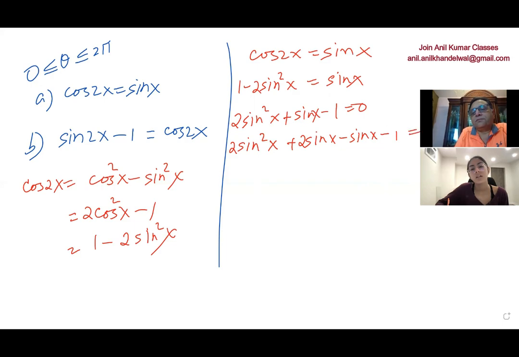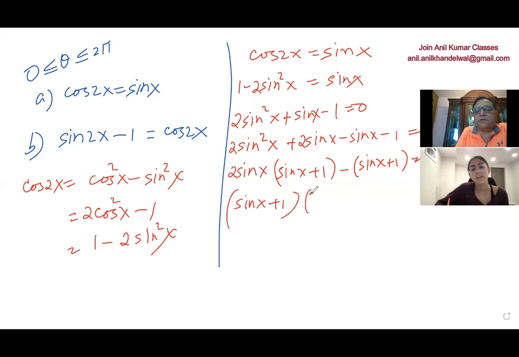Factor it, and then you have sine x common. You get sine x plus 1, and that is common, so sine x plus 1 equals 0. And then 2 sine x minus 1. So it's 2 sine x minus 1 times sine x plus 1 equals 0.